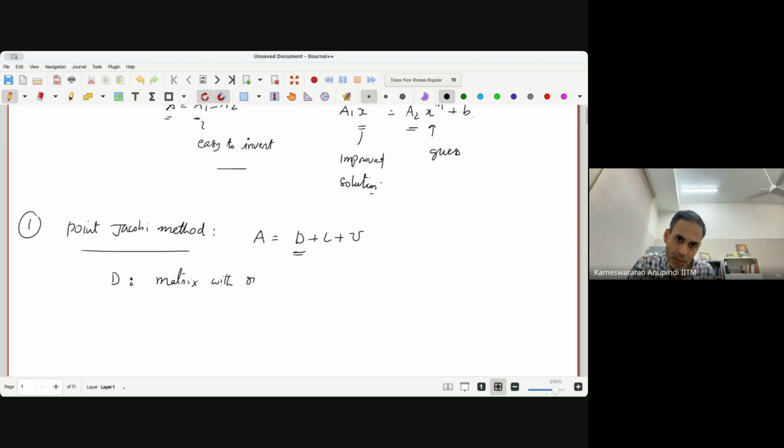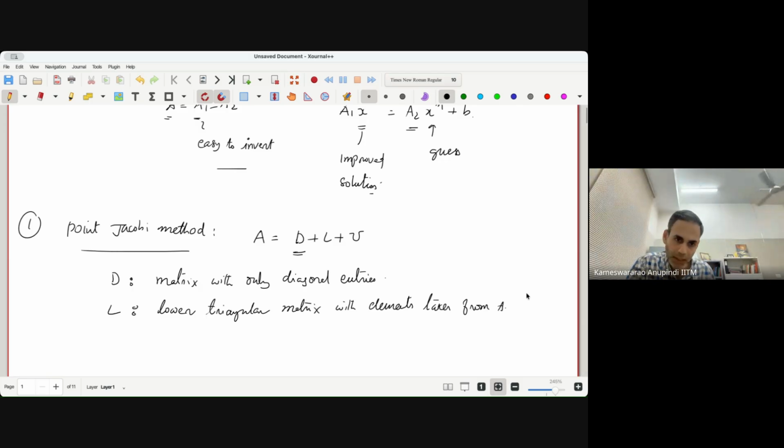only diagonal entries. L is a lower triangular matrix with elements taken from A, which are actually the lower triangular elements.